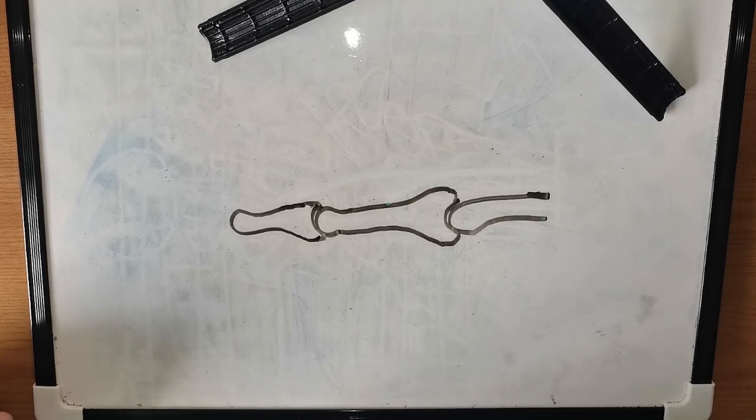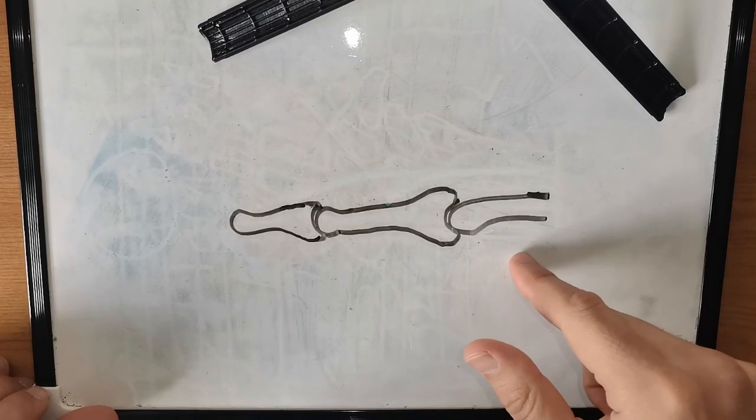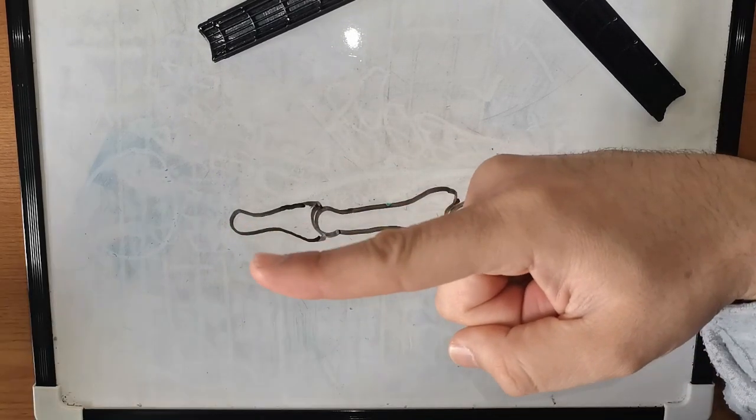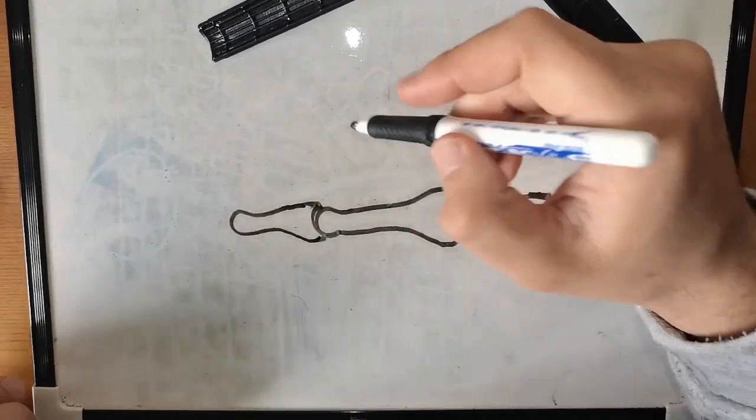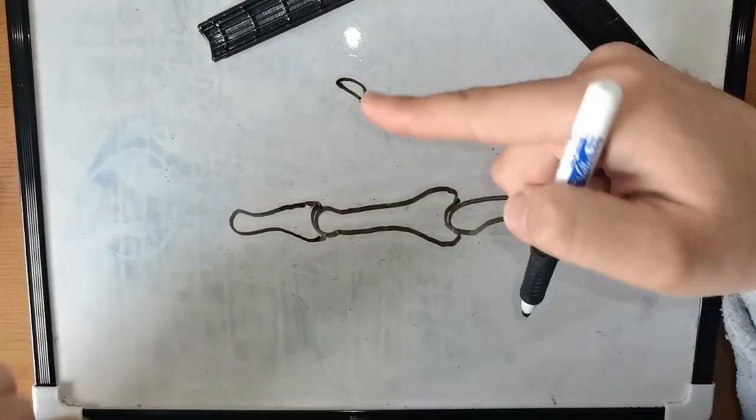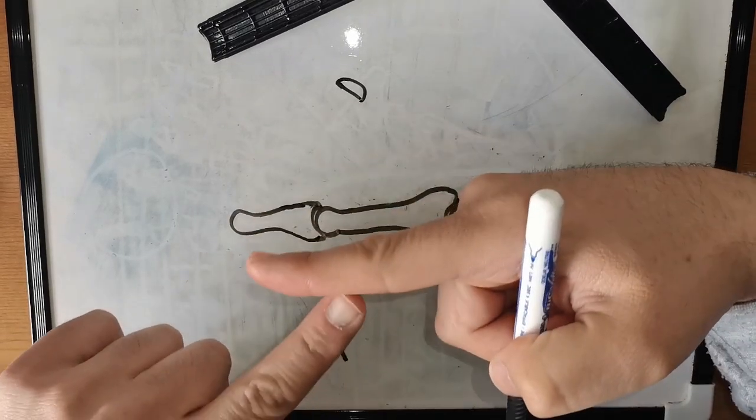So let's talk in a little bit more detail about the mechanisms by which mallet finger injury happens, because there are two main mechanisms. If this is a finger like this, here is the dorsal surface of the finger, and this is the palmar, or volar, surface.